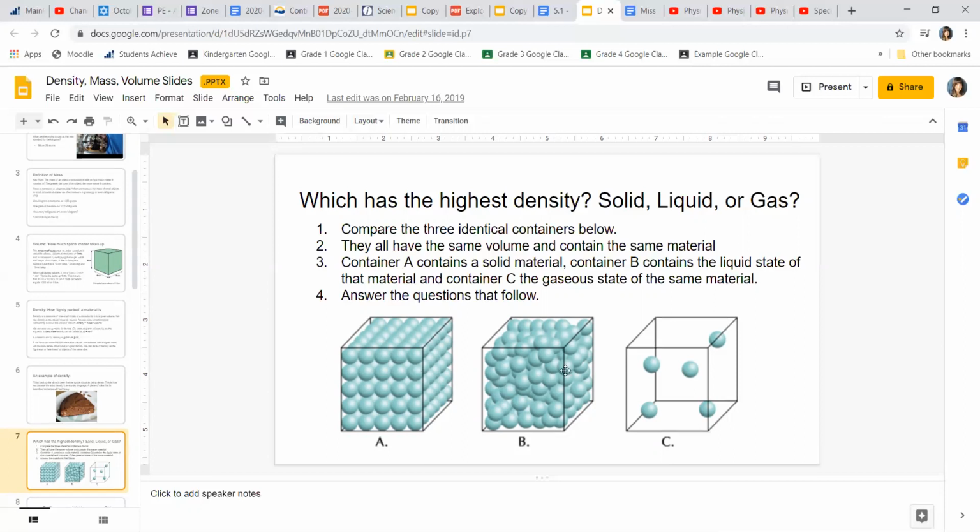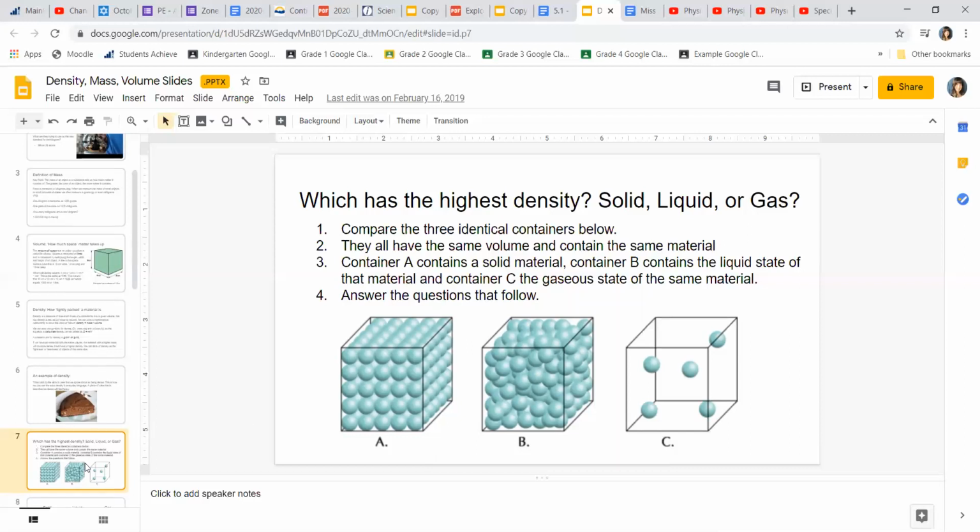Whereas with container B, we see that it's still fairly tightly packed for sure, but it's a little bit more jumbled. It's a little bit more free-flowing rather than being uniform in its order. And then here we obviously have a gas that has very few particles, and there's a lot more space in between them. So they're just free floating in there. They don't really have any kind of order to those particles whatsoever.